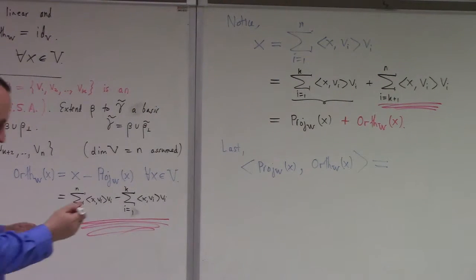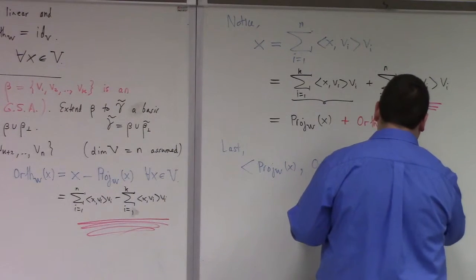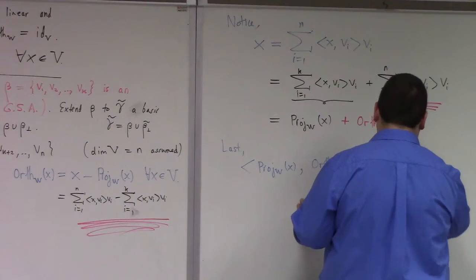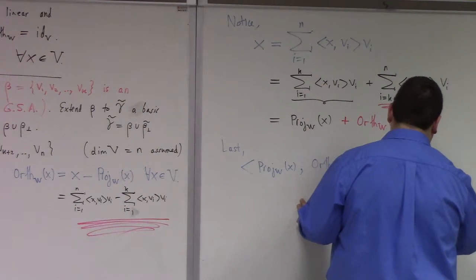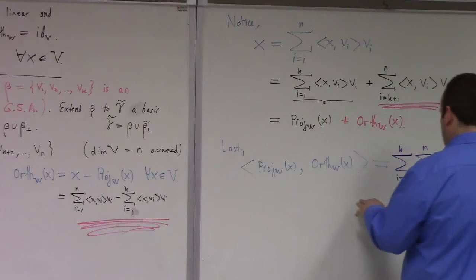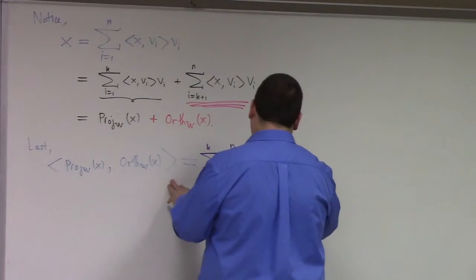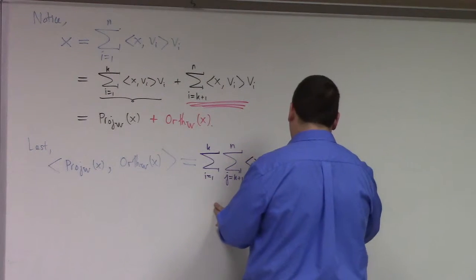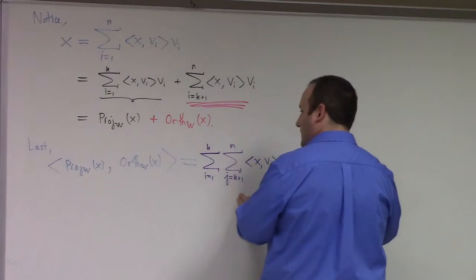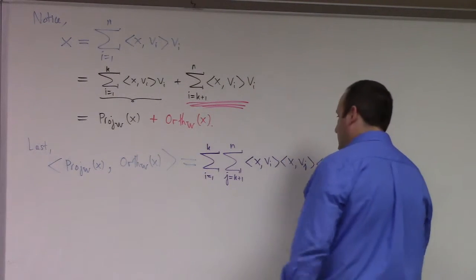So I'll just get to it. By linearity, you pull out a sum i equals 1 to k. You pull out a sum j equals k plus 1 to n. You've got yourself the inner product of x with vi, the inner product of x with vj, and then, of course, vi with vj.